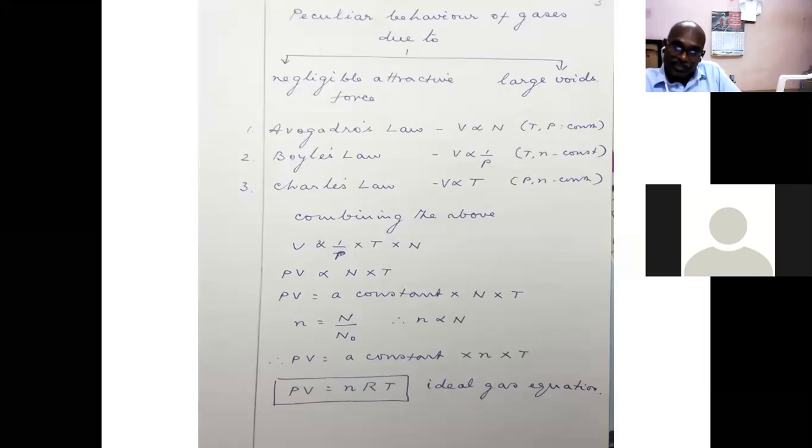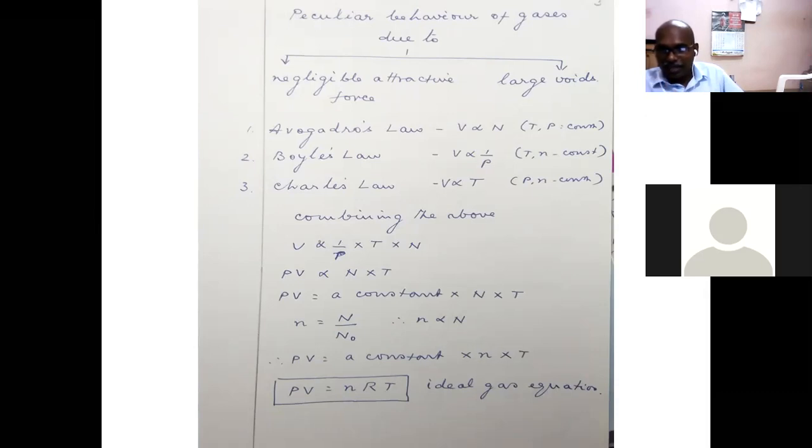Therefore, the pressure increases. If a container is expandable, what will happen? In order to maintain the pressure constant, again the volume will increase. Therefore, on raising the temperature, pressure also increases, volume also increases. If you maintain the volume constant, pressure increases. If you maintain pressure constant, volume increases. That is the idea.